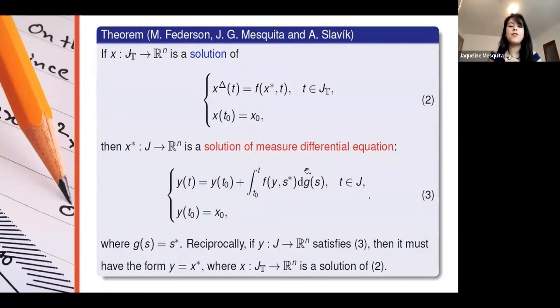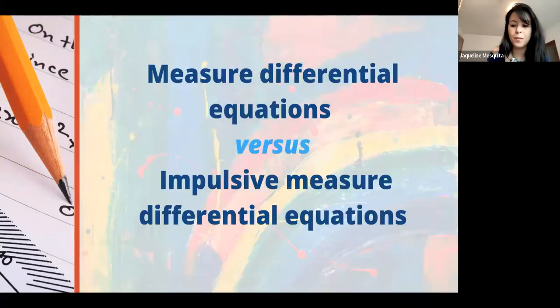So we have a relation between these two. If we have a result here, we can translate the result there. That's why it's nice to deal with this type of measure differential equations: we can prove the result for them, and as a consequence have a result for dynamic equations on time scales, which means we can have results for difference equations, hybrid equations, and so on. So this is one of the motivations to deal with measure differential equations.